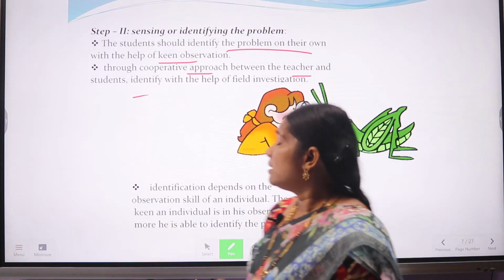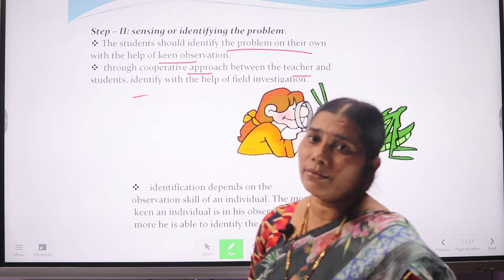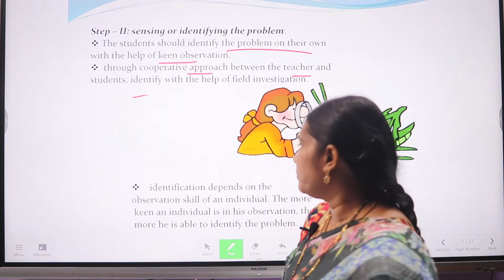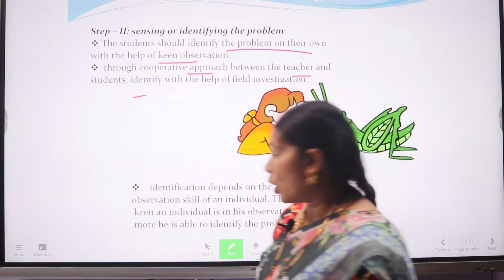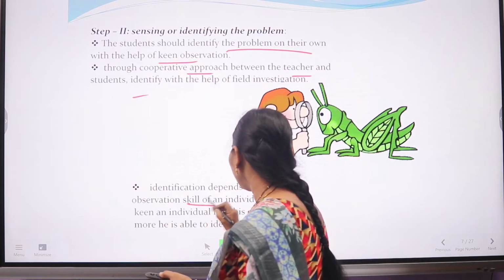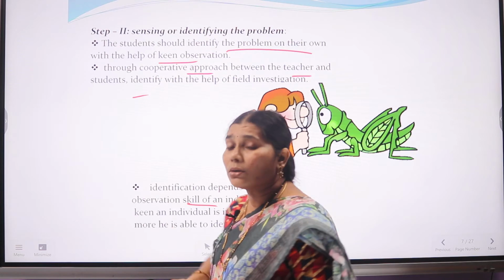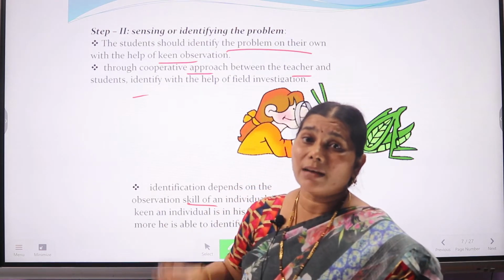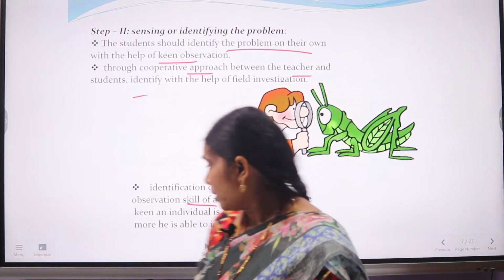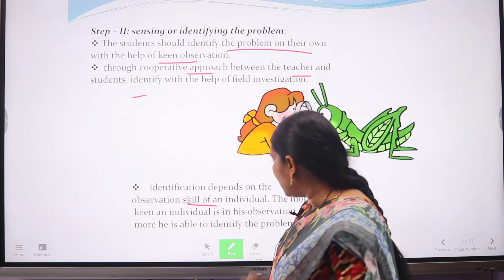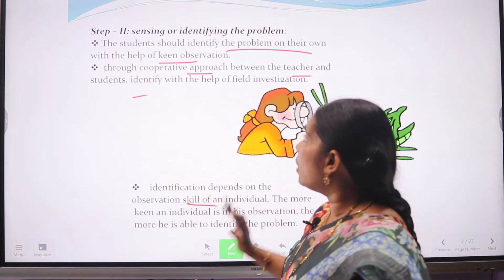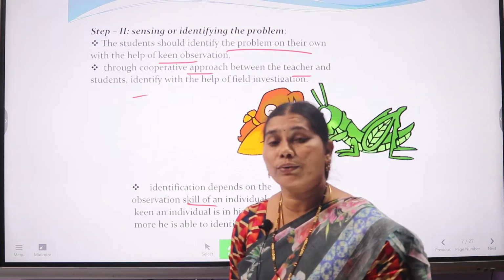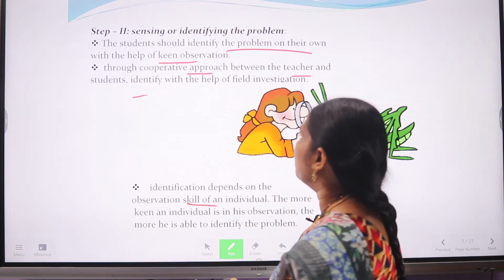This helps him identify the problem. Identification of the problem also depends upon the observation skill of an individual. The more keen observation the student gives, the more clearly he is able to identify the problem. So this is how sensing or identification of the problem happens, which is the second step.